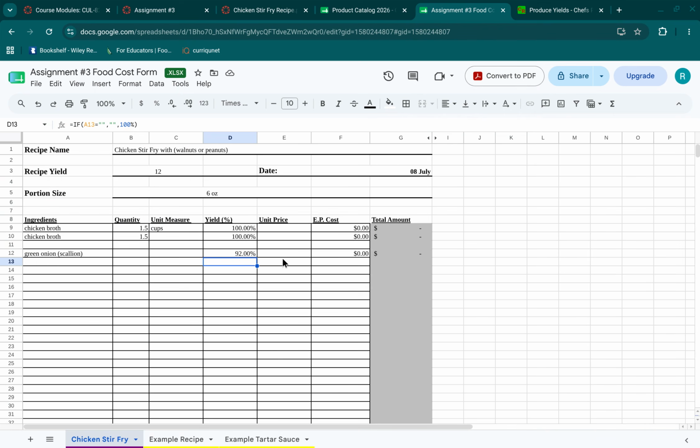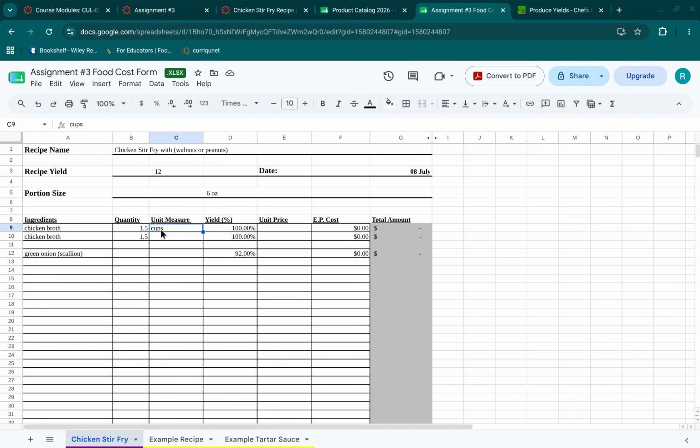Okay, so the most important part of the cost sheet is filling out the unit price column correctly. This price, whatever you're listing here, is actually based off the unit of measure that you have in column C. So you're consistently matching the price to the unit of measure here, because in our recipe, we're only using 1.5 cups of broth, but we're purchasing it from a case that has 12 49-ounce cans.